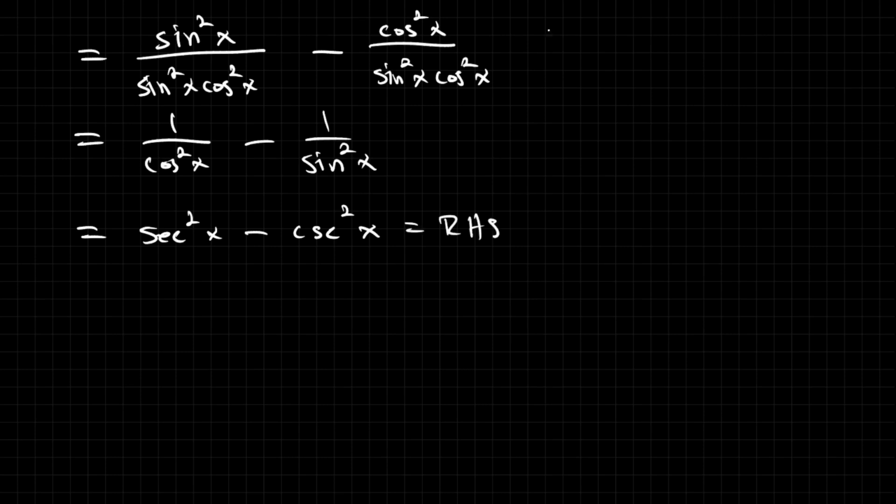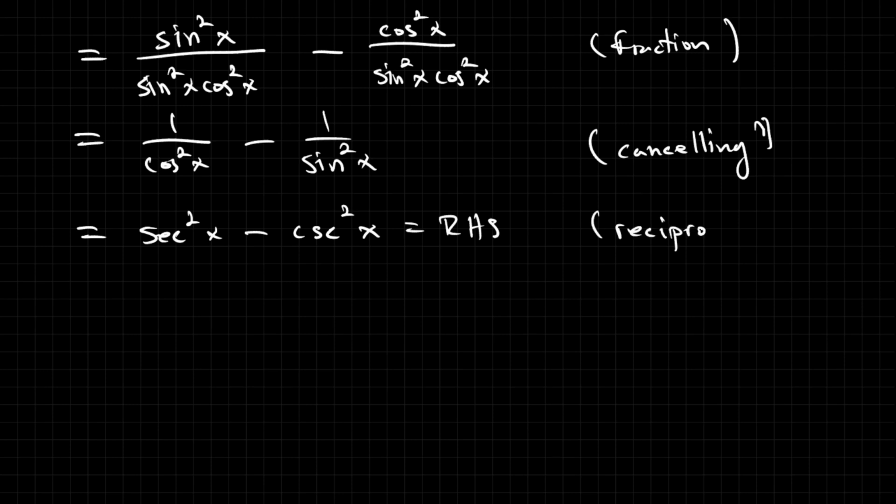And I suppose that I should go ahead and say what I'm doing here. So first we split the fraction, then this is just some canceling of sine squareds and cosine squareds, and then finally we have the reciprocal identities.